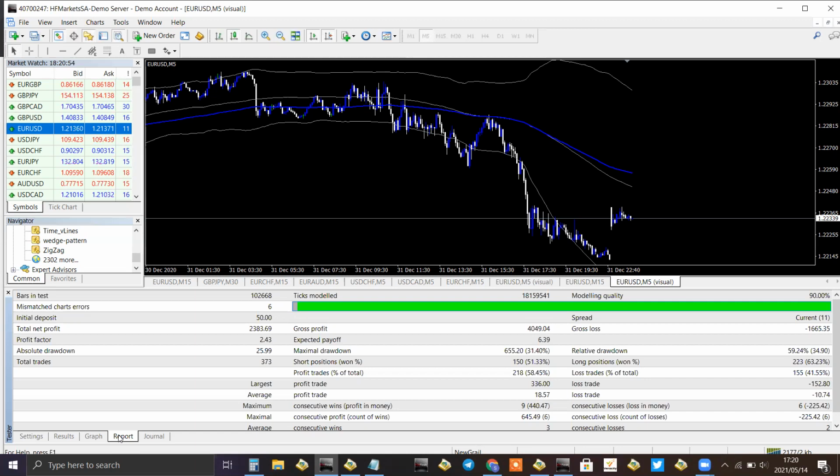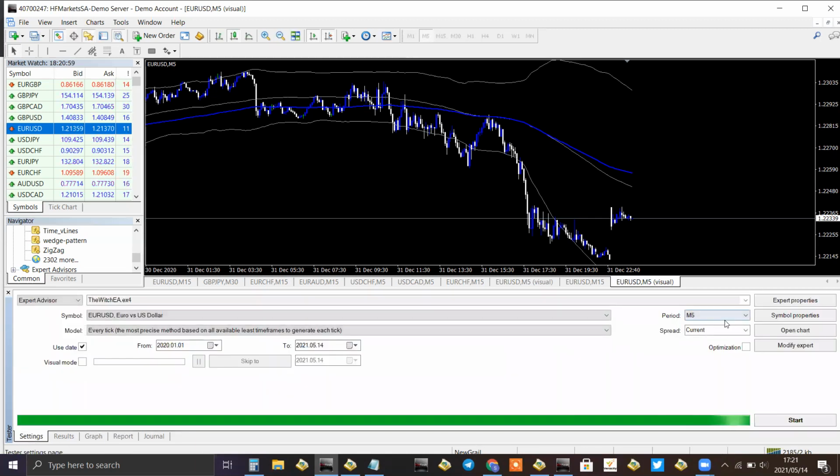Okay, so now this is using the current spread for the euro dollar, which is about 1.1 pips. The reason for that is it's just a normal account, but you'd find that around this time where I'm trading, since I'm trading between 12 a.m. and 1 a.m., the spread around that time is not one.